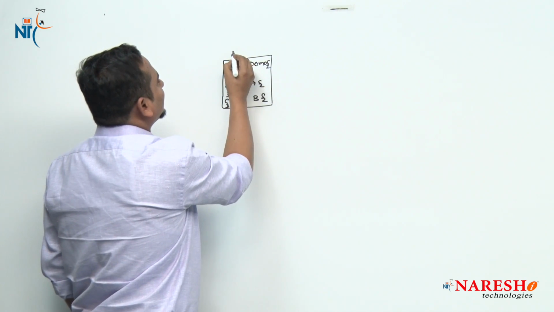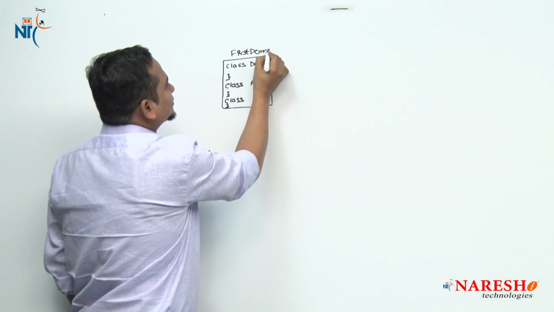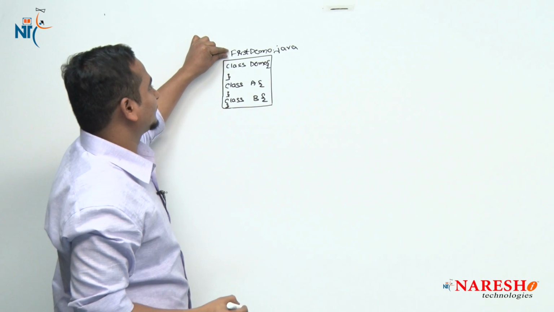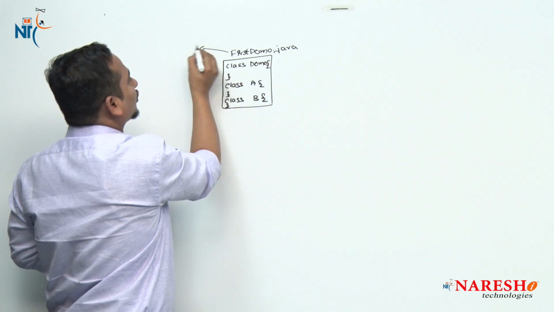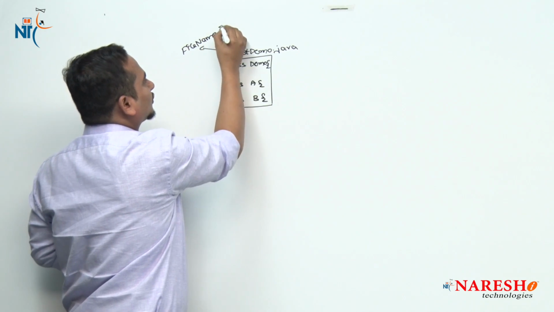For saving purposes I am giving one name, like demo.java. This is what? The file name of source code.